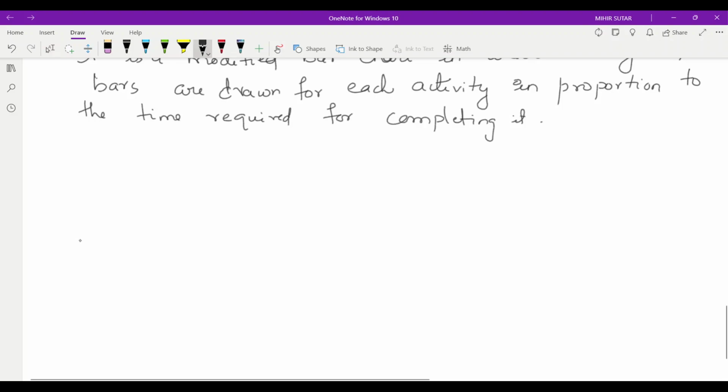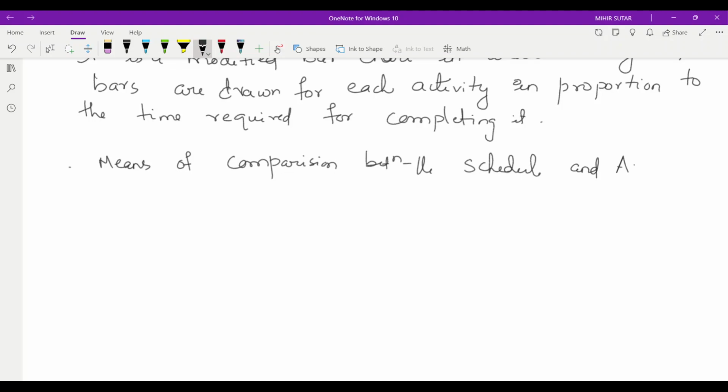It's a means of comparison between the schedule, what you had planned as per your master plan, and the progress of actual work.